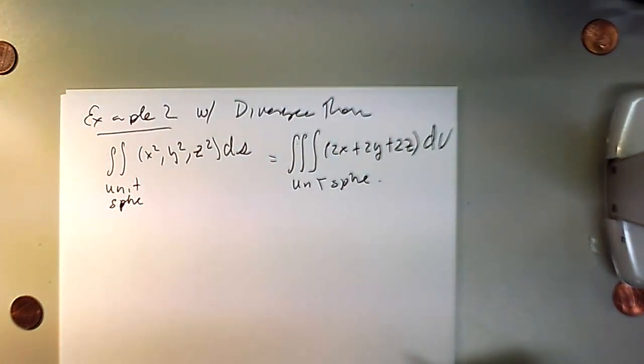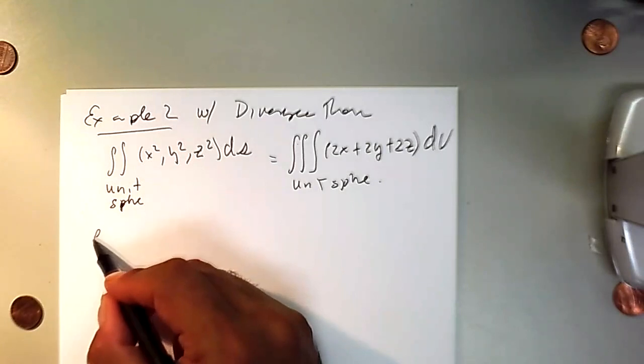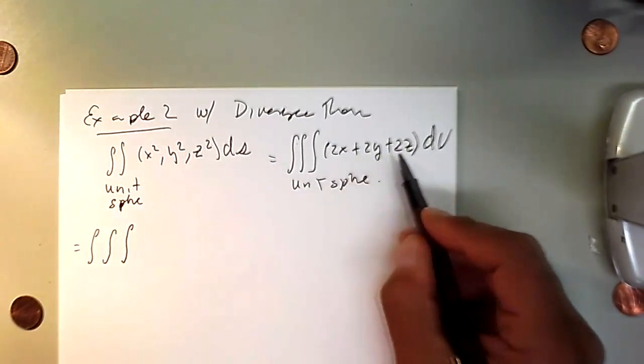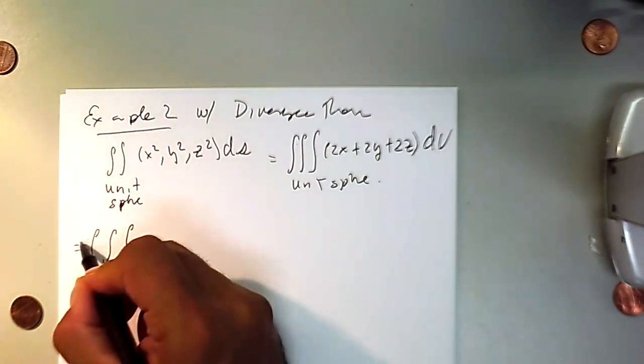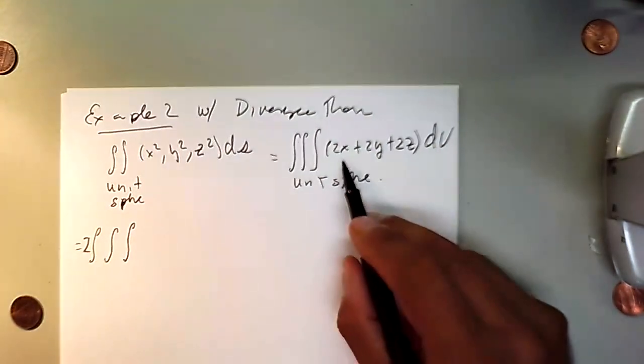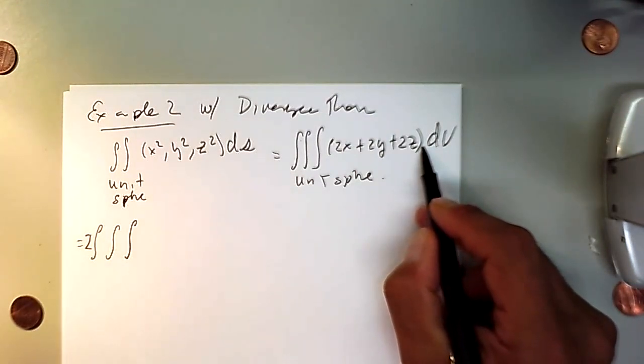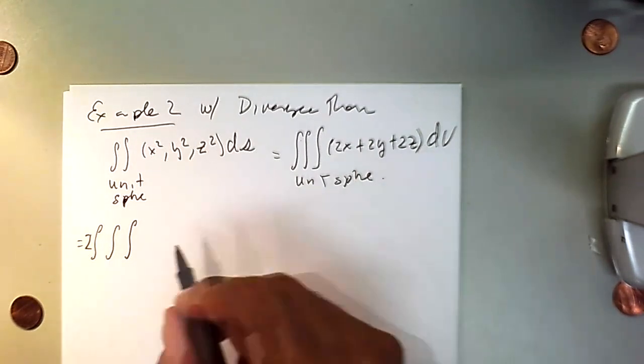So we would have to do a triple integral. There's a 2. We can factor out the 2. We can change that to spherical coordinates.